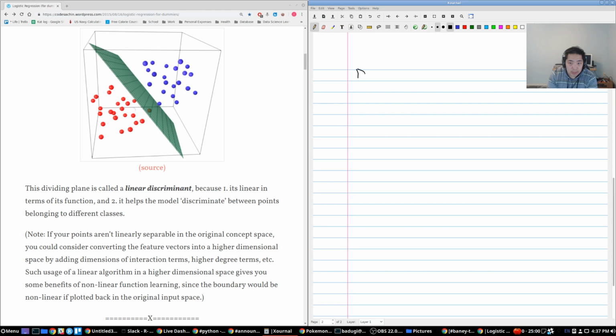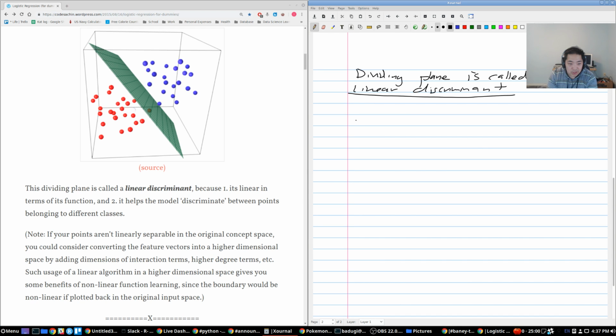So the dividing plane is called a linear discriminant. Oh, that's kind of interesting. I just now noticed that you could do LDA, which is linear discriminant analysis, by really understanding whether the linear discriminant is actually right. I learned that in school, and I should really get back into that.